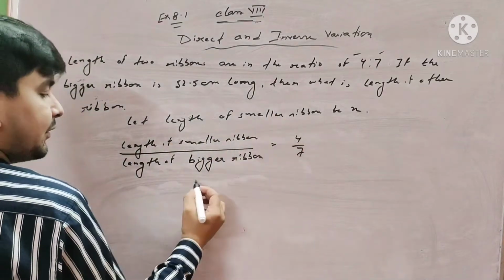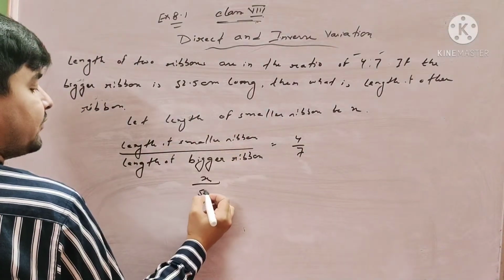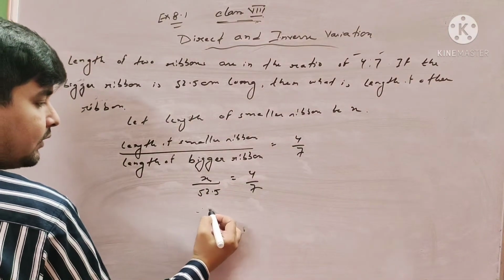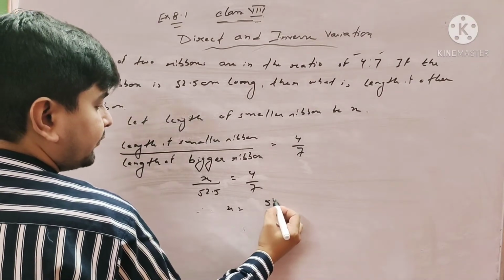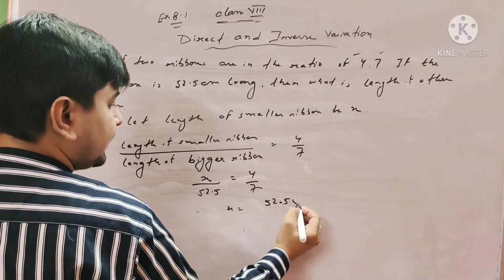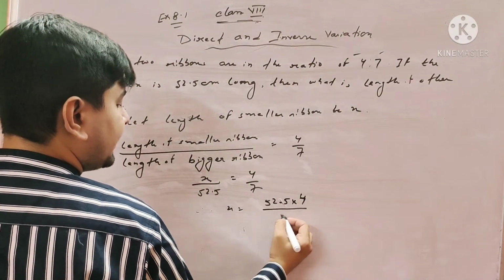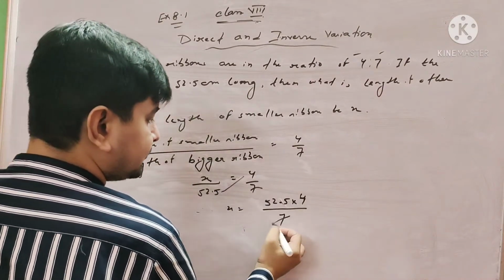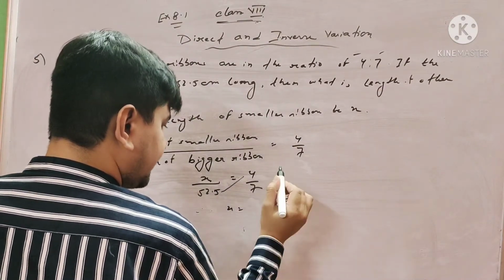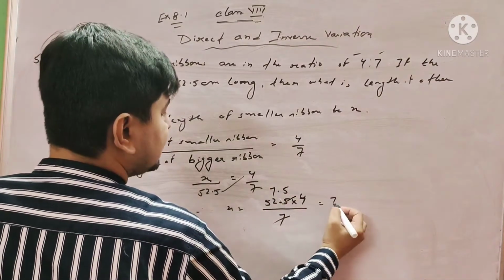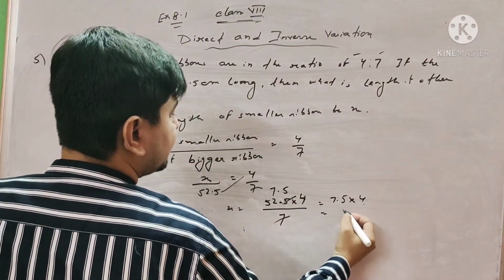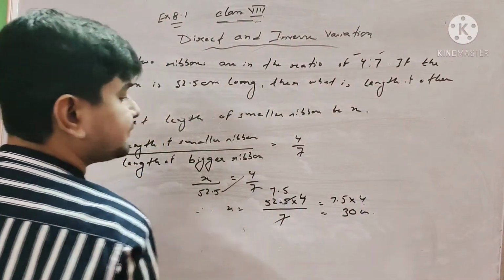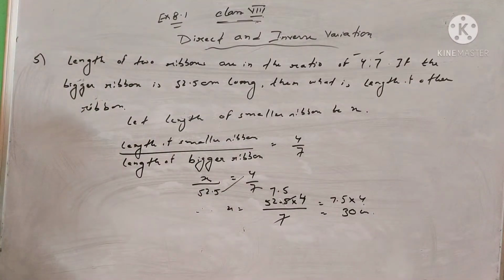So smaller ribbon we take x and bigger is given 52.5, so x upon 52.5 equals 4 upon 7. Therefore x equals 52.5 into 4 divided by 7. Clear? This is getting multiplied this way. 7 7s are 49, 7 5s are 35. It's 7.5 into 4, that is 30. So the length of the smaller ribbon is 30 centimeters. Okay, note.